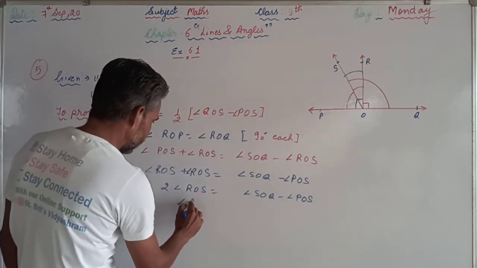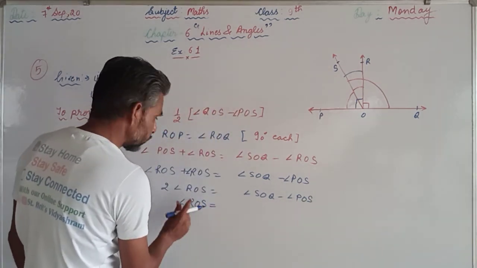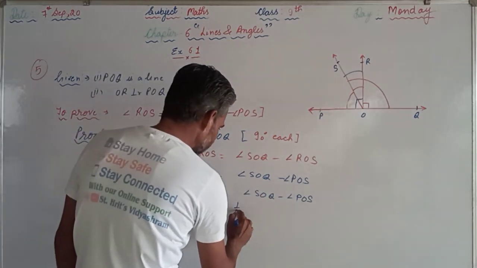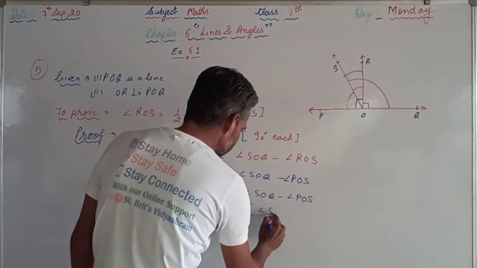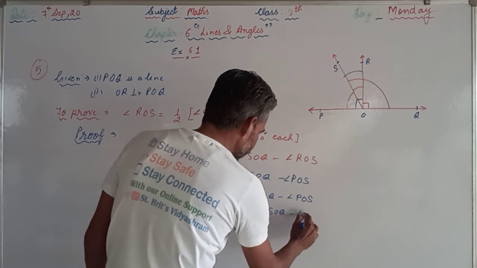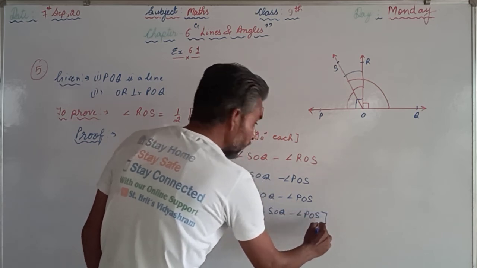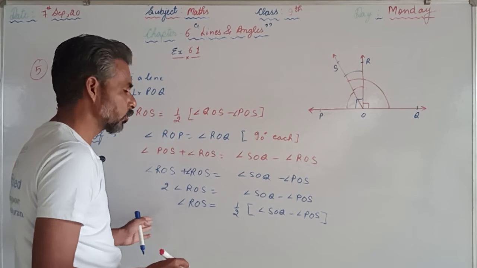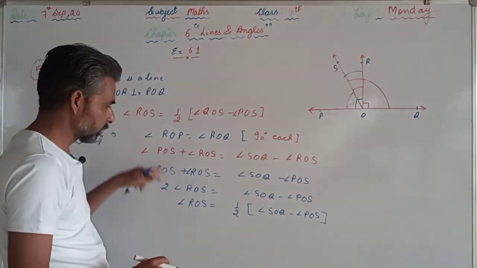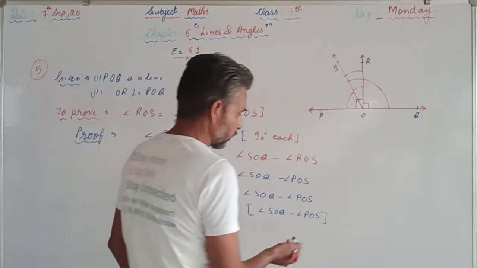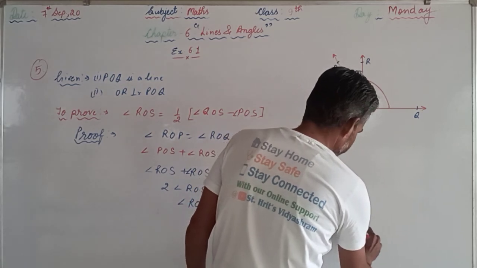From here angle ROS will be equal to, 2 will go to this side so it will become half, and this we will put into the bracket. Now we got the expression which we are supposed to prove, that is the same thing. So at last we are supposed to write hence proved.